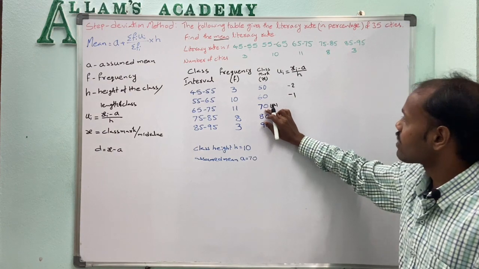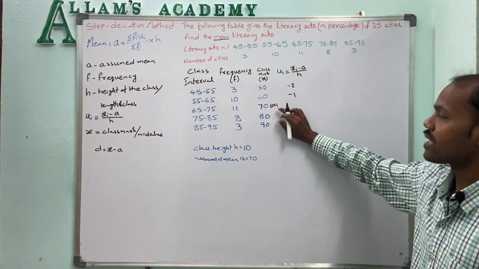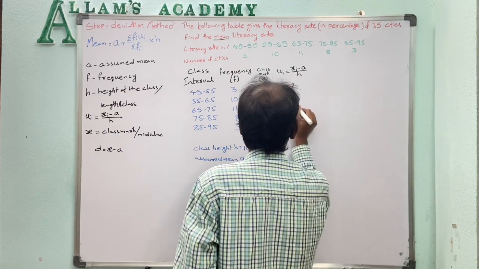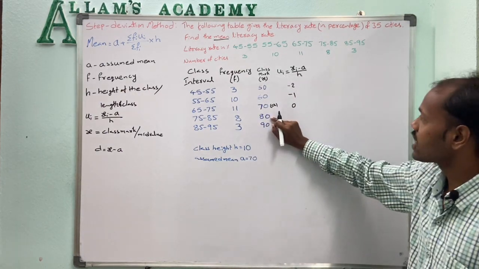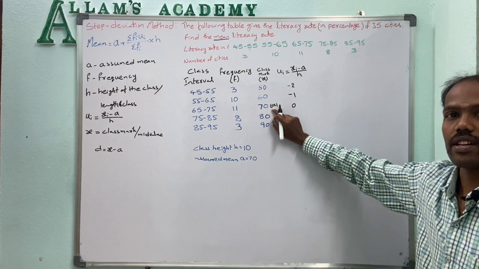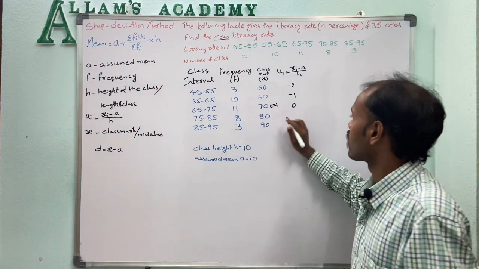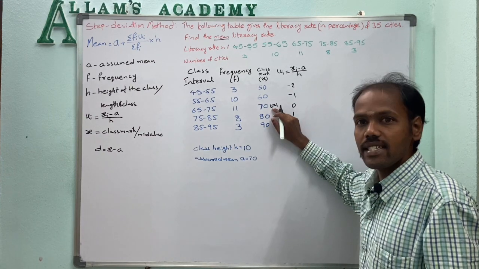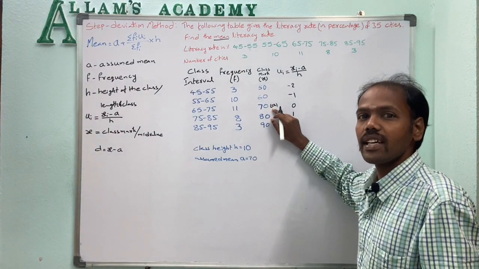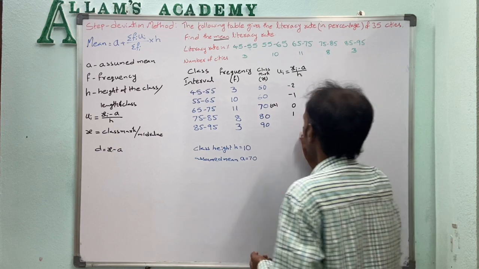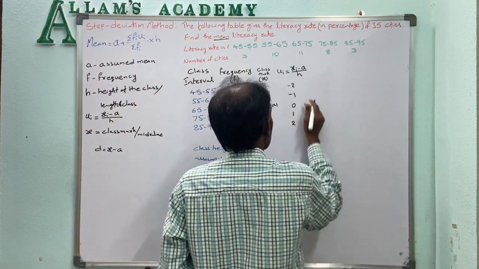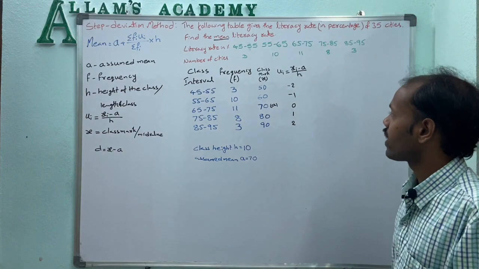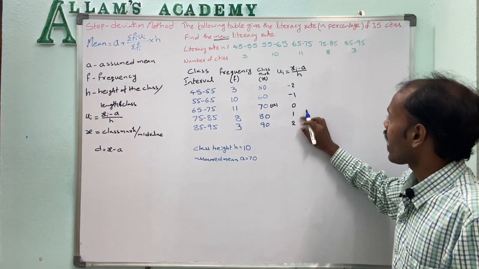Next 70 minus 70 equals 0, 0 by 10 equals 0. Next 80 minus 70 equals 10, 10 by 10 equals 1. Next 90 minus 70 equals 20, 20 by 10 equals 2. So the ui values are minus 2, minus 1, 0, 1 and 2.